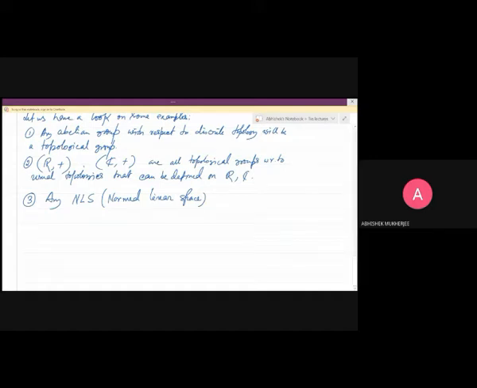And not only that, any normed linear space is a topological group. Why a topological group?